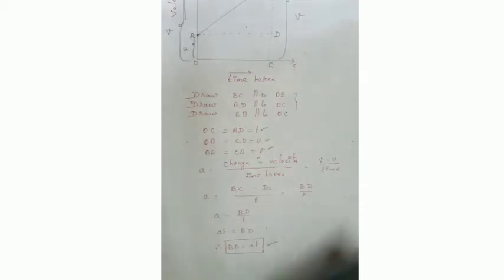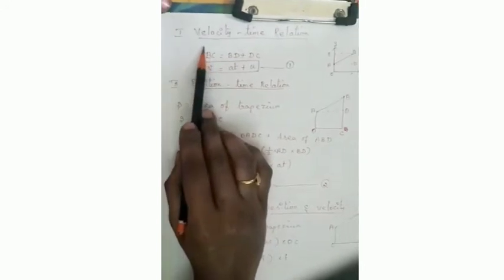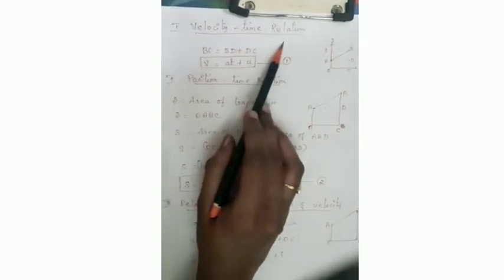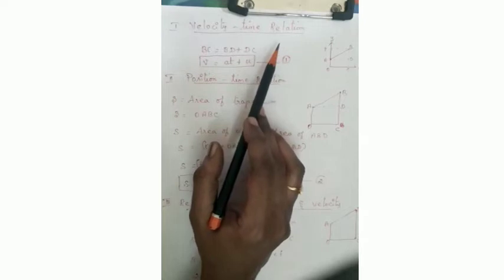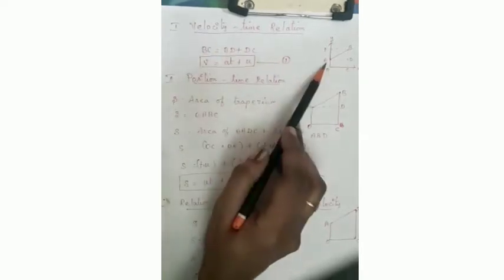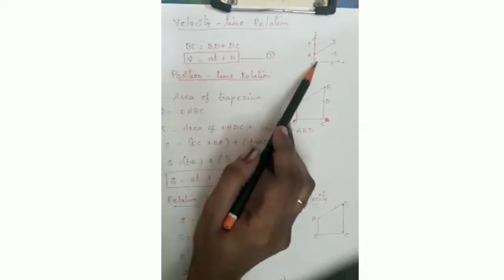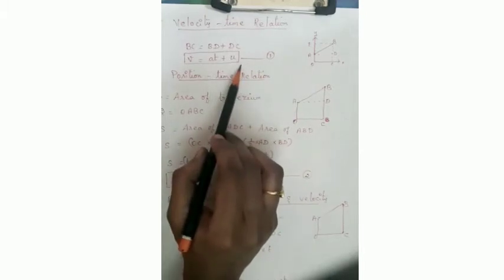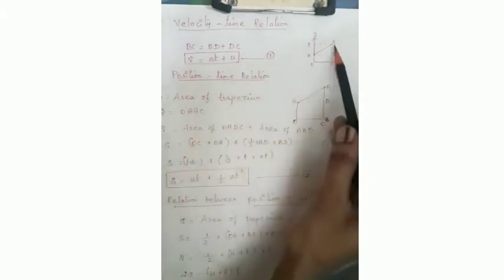Is that clear? Now we are going to see the equations of motion one by one. For that, the first equation we take is the velocity time relation. For that, see the graph. This is the smaller graph I have drawn to understand the first equation of motion. See this BC.